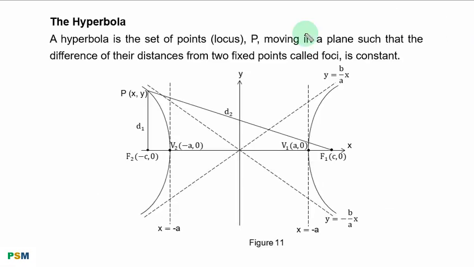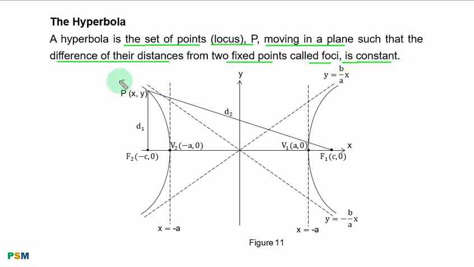A hyperbola is the set of points, locus P, moving in a plane such that the difference of their distances from two fixed points called foci is constant.